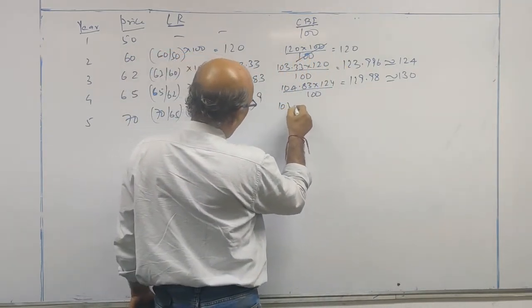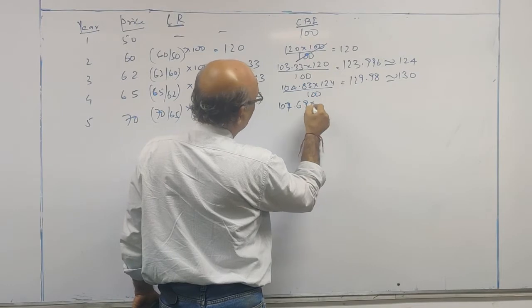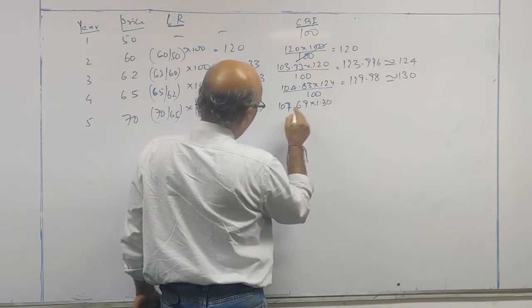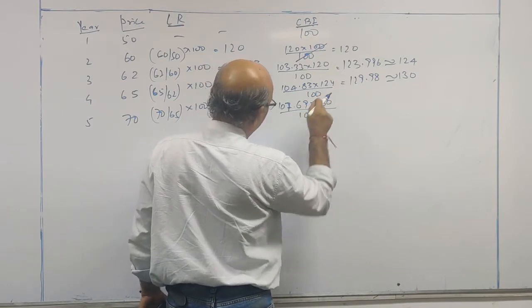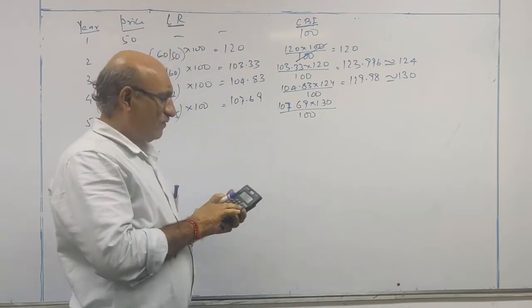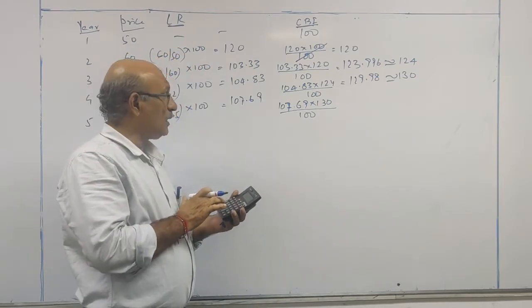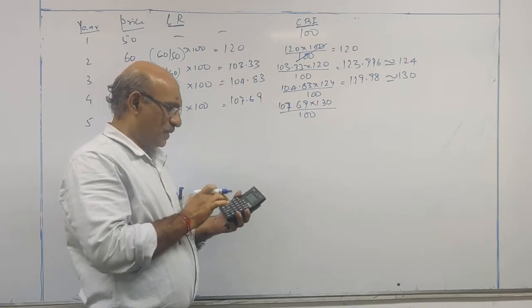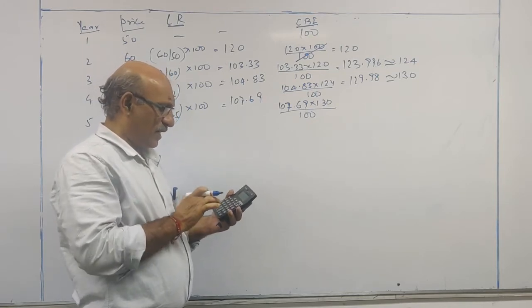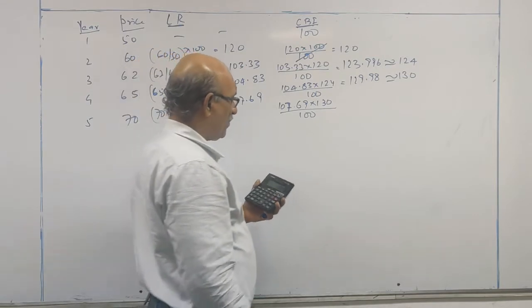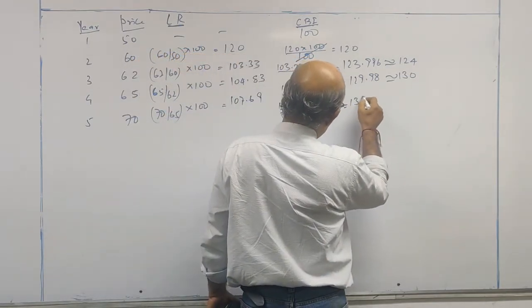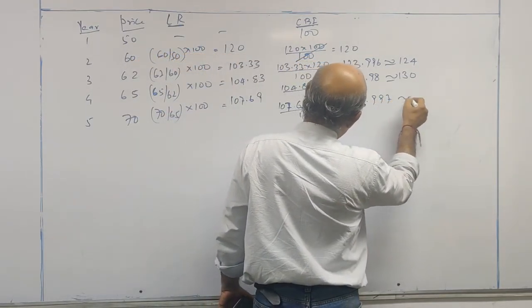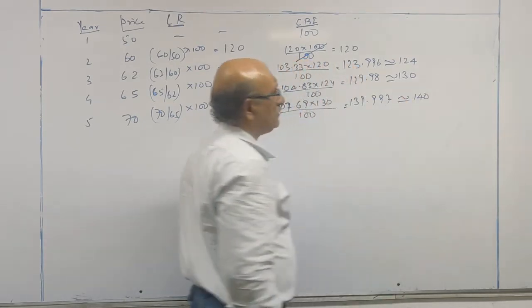Next, 107.69 into 130 divided by 100 is 139.997, approximated to 140.